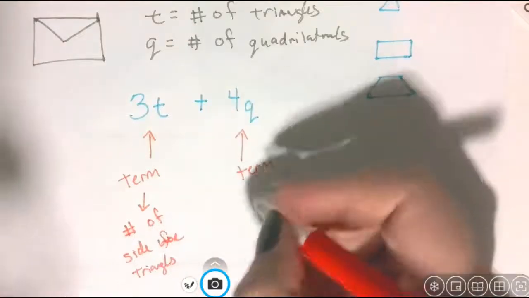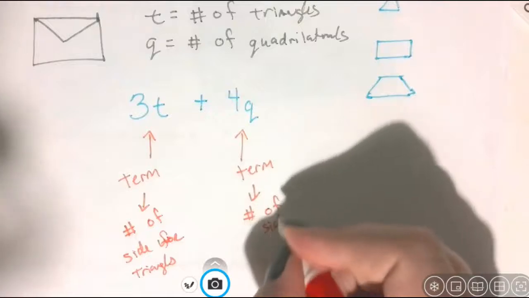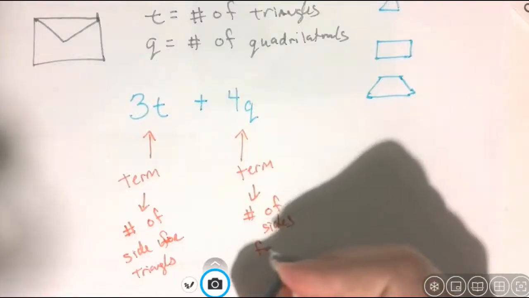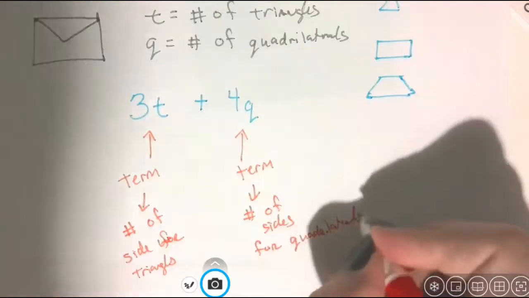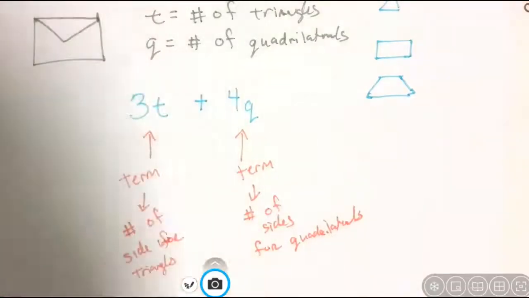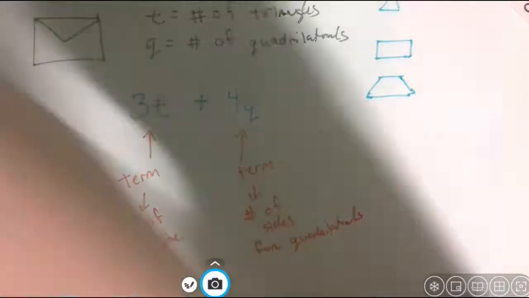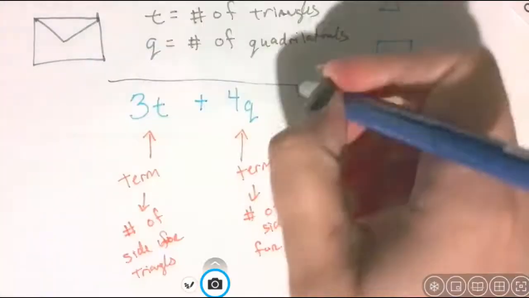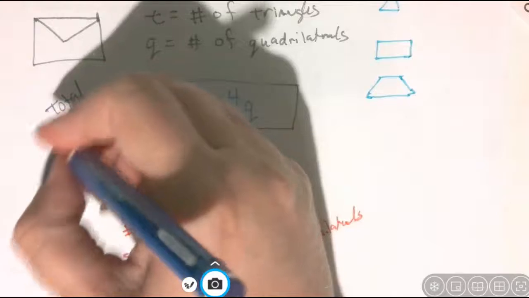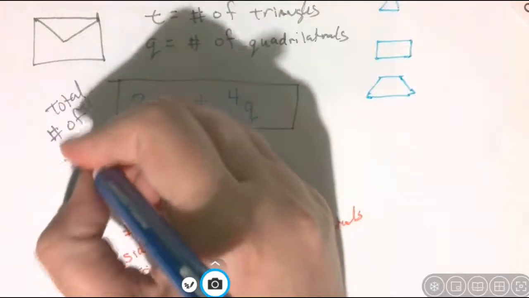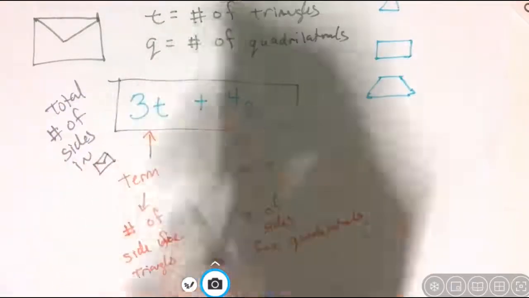And this is going to represent the number of sides for the quadrilaterals. Now remember the situation. I don't know how many triangles and quadrilaterals are in my envelope. The whole expression together represents the total number of sides in my envelope.